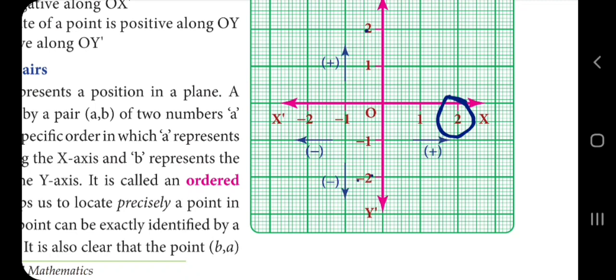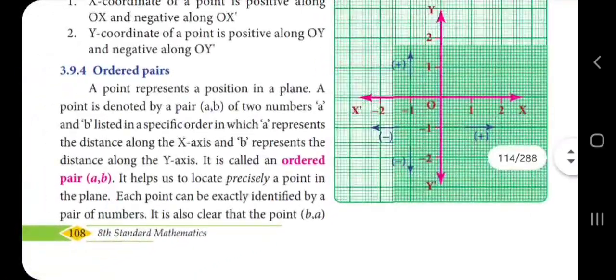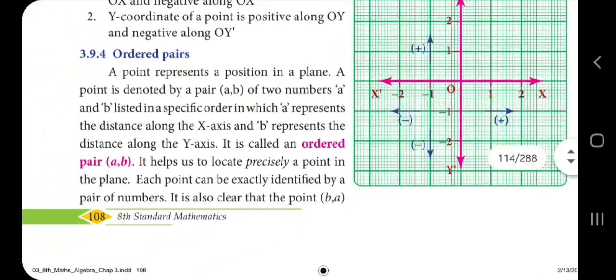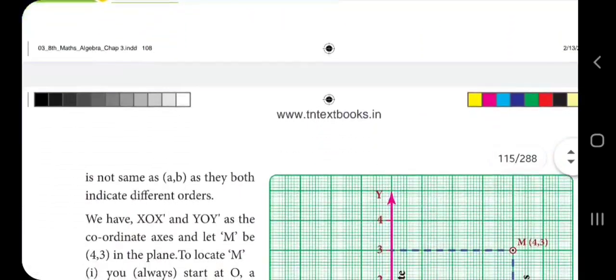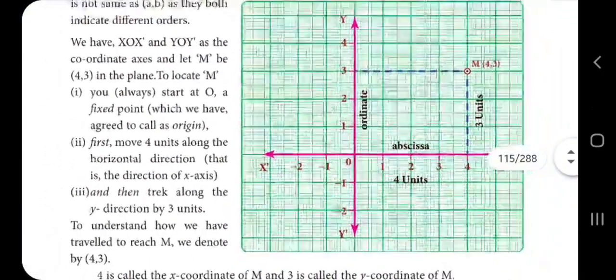This point is called 2 comma minus 2. The first number or first value is on the x-axis, and the second value is on the y-axis. That is, A is the x-axis and B is the y-axis. That is ordered pairs.